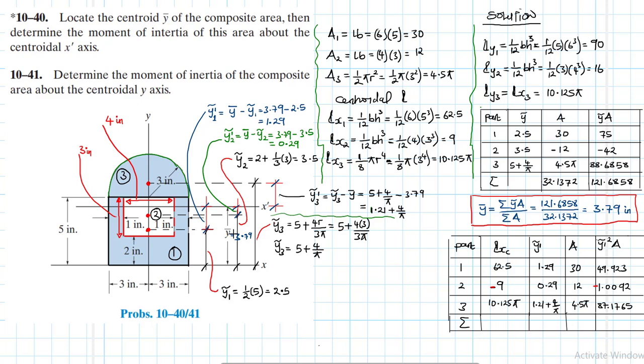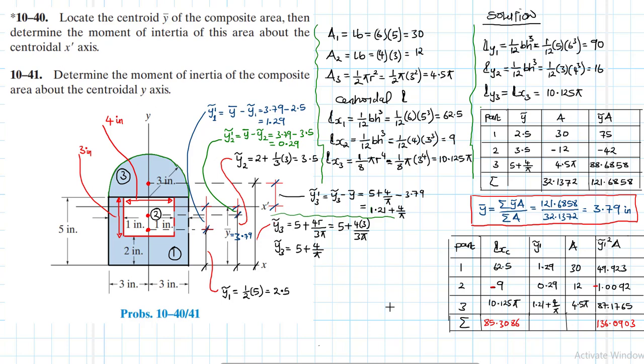So 87.1765 minus 1.0092 plus 49.923. We have 136.0903. Then the centroidal moments, 62.5 minus 9 plus 10.125 pi, we have 85.3086.